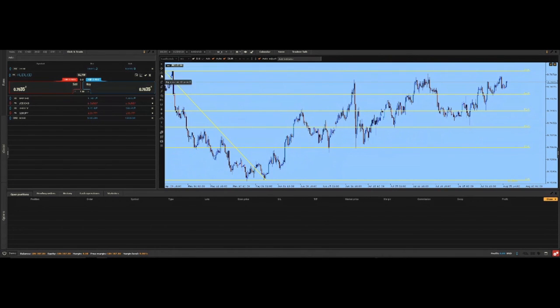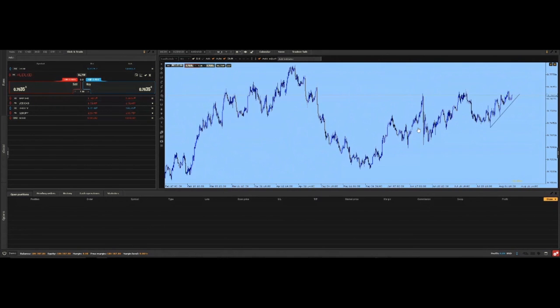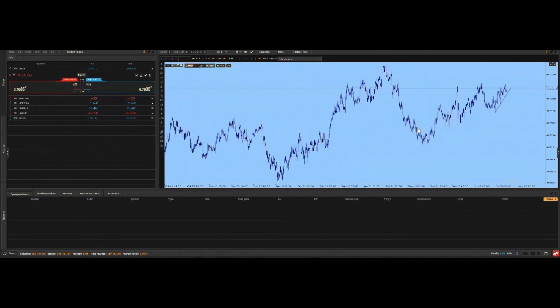A strong uptrend, actually. If you're looking right here, this is a very strong uptrend since July 25th. So we're actually going to go bullish on this.